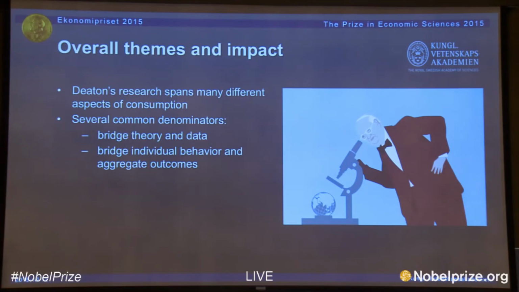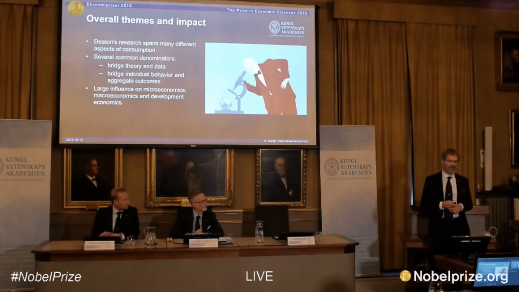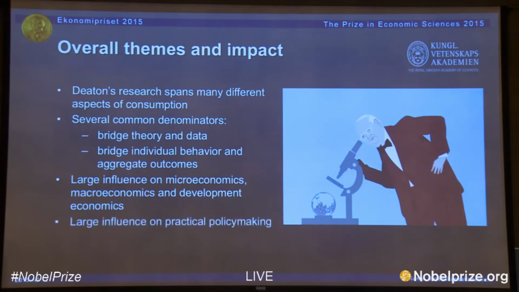That is, in order to understand important aggregate outcomes, we need to look closer and understand individual behavior. And these insights have had a large influence on microeconomics, macroeconomics, and maybe in particular development economics. His research has also had a large influence on practical policy making.